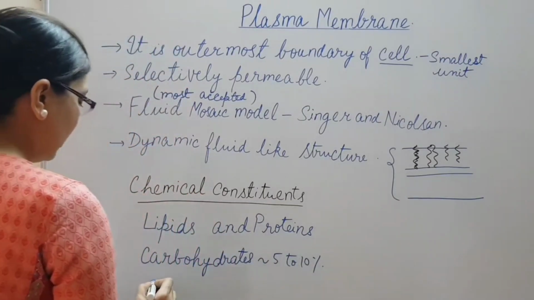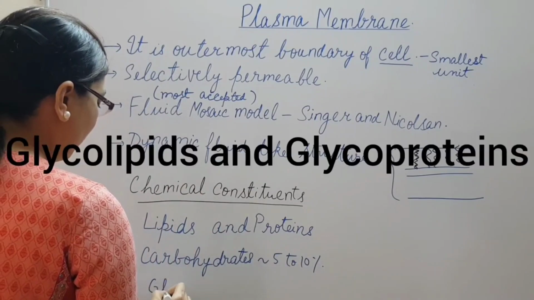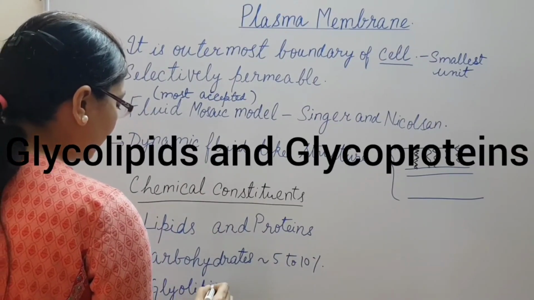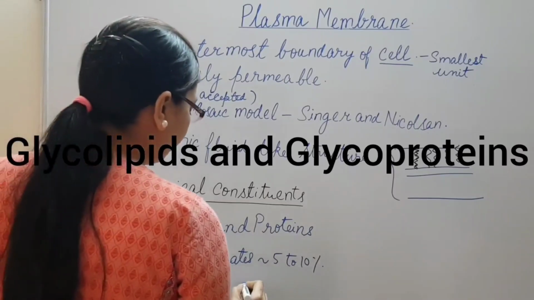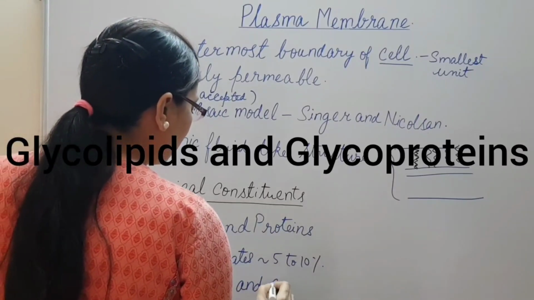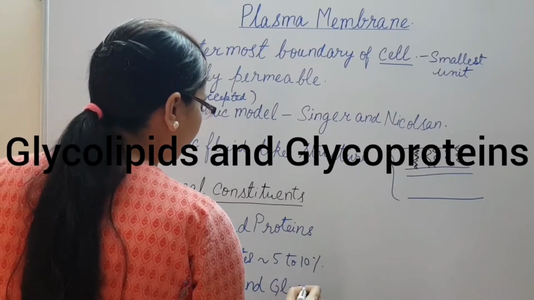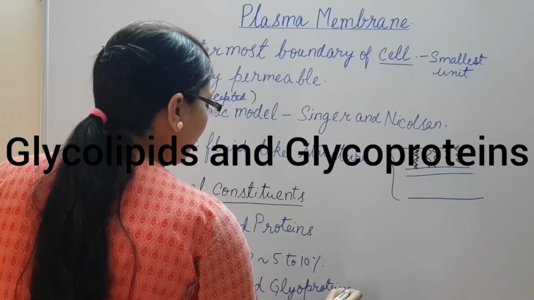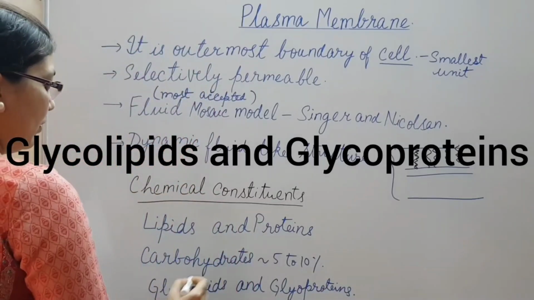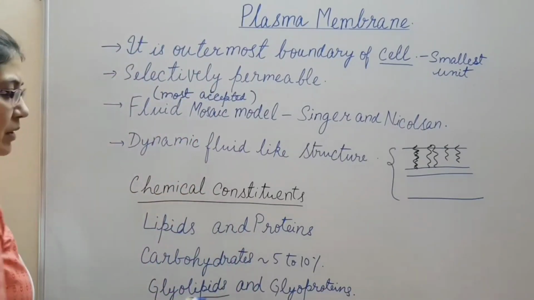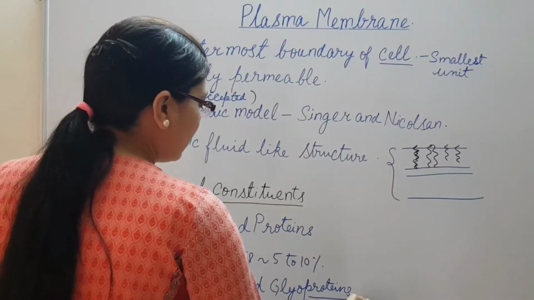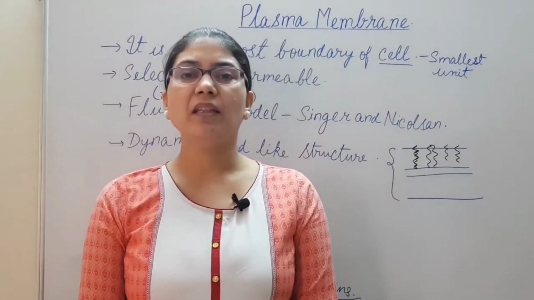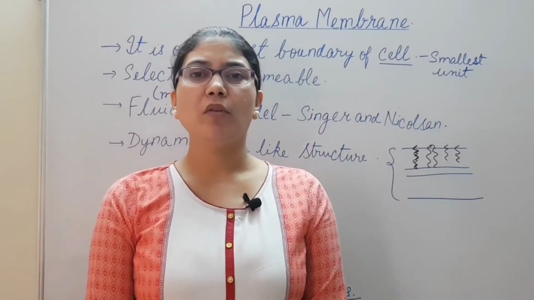This carbohydrate is present in the form of glycolipids and glycoproteins. When the carbohydrate is bound to lipids, it is known as glycolipids, and when it is bound to proteins, it is known as glycoproteins. Carbohydrate is present in abundance in the plasma membrane of eukaryotic cells.